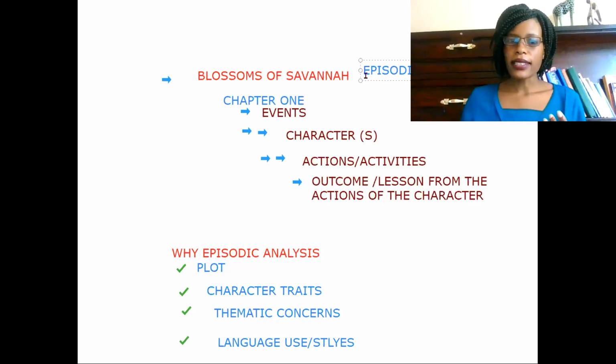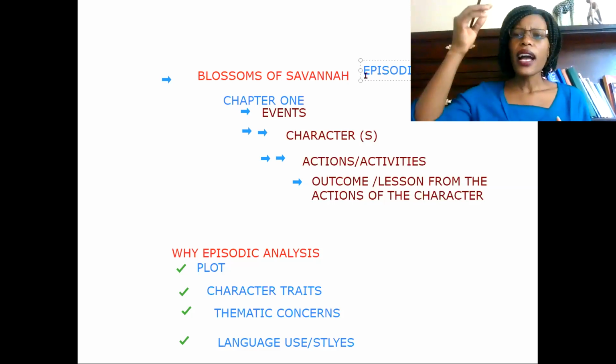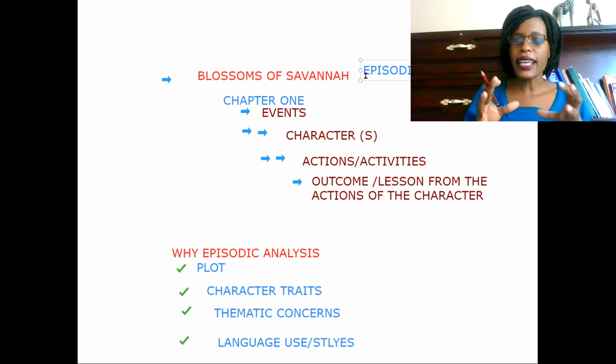Pick one event from the chapter, look at the character or characters involved, the actions and activities they are involved in, then look at the outcome or lessons that we as readers get from those activities, or that the author intends us to get.